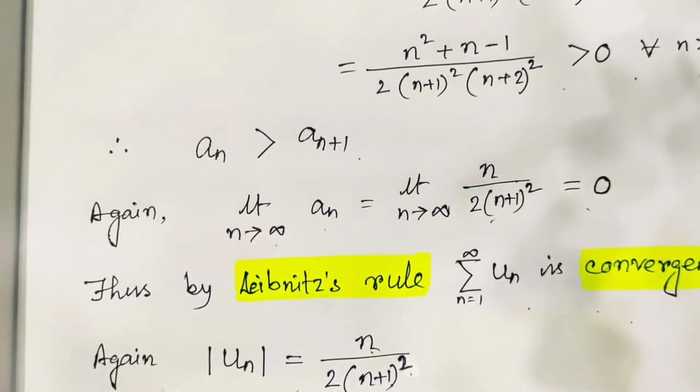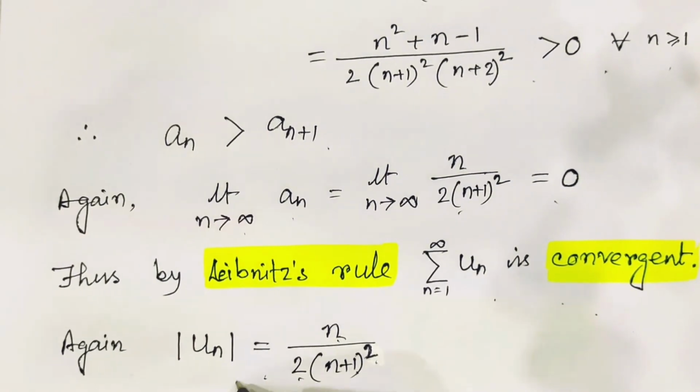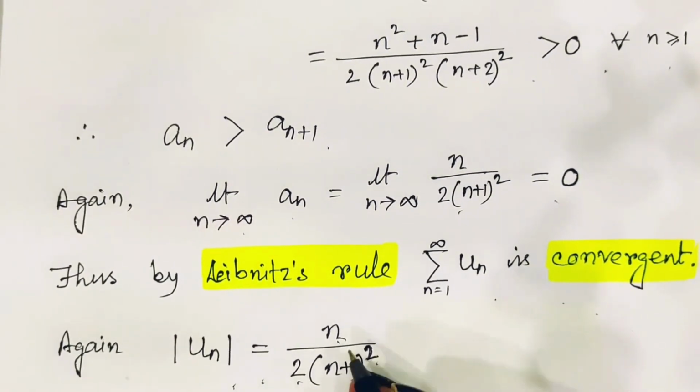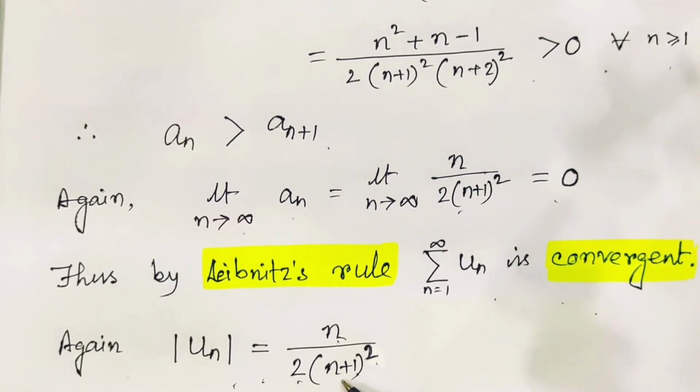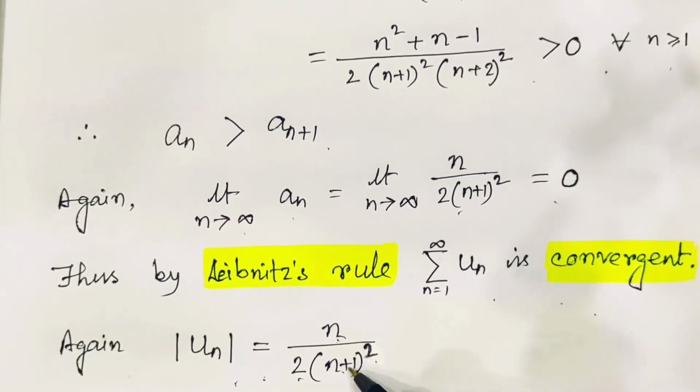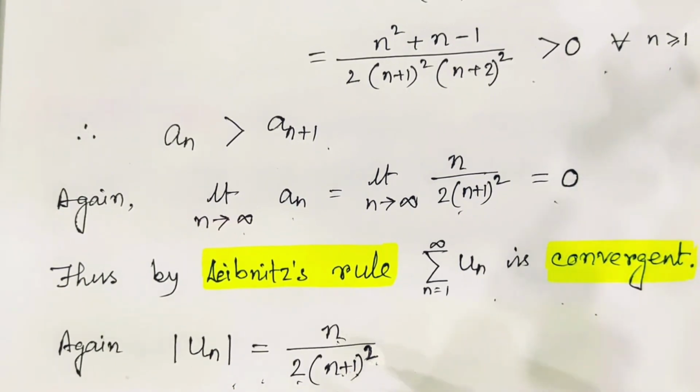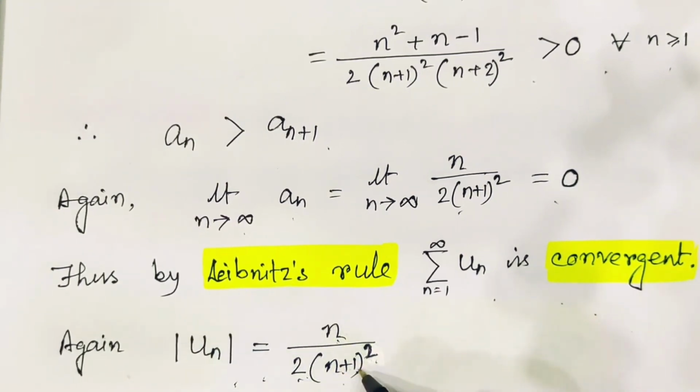Observe this term: in the numerator and denominator, it is n and 2n plus 1 whole square, so the difference of the power of n is 1 here. As the powers of n in the denominator and numerator differ, we should use the comparison test to verify whether this series is convergent or not.